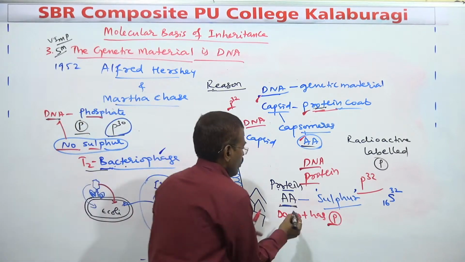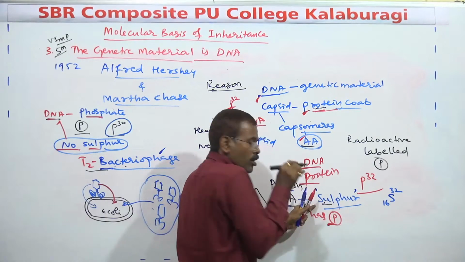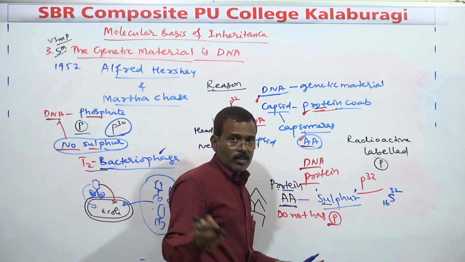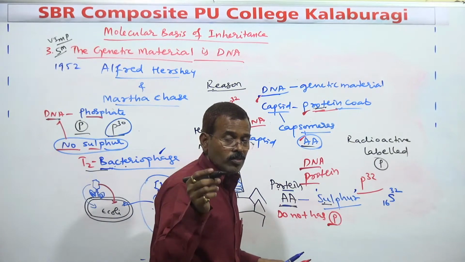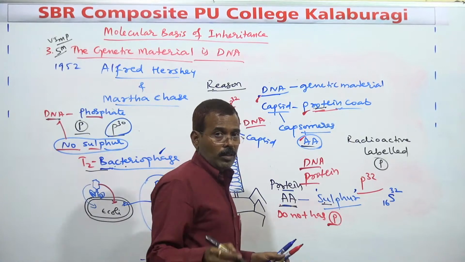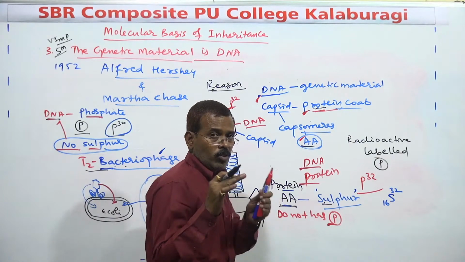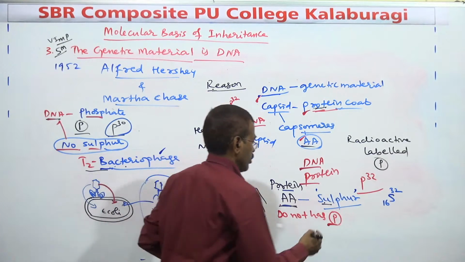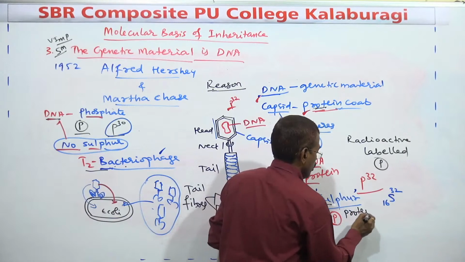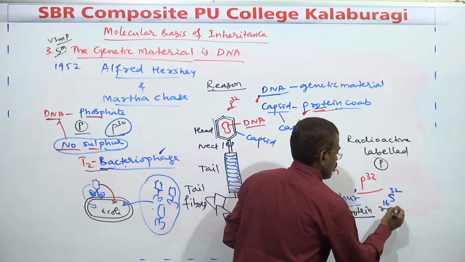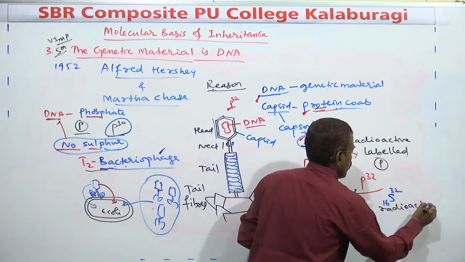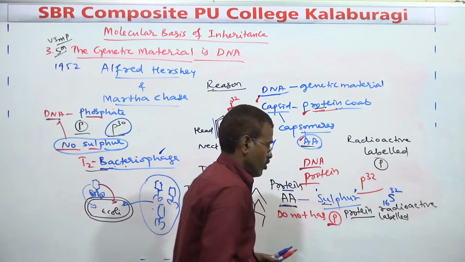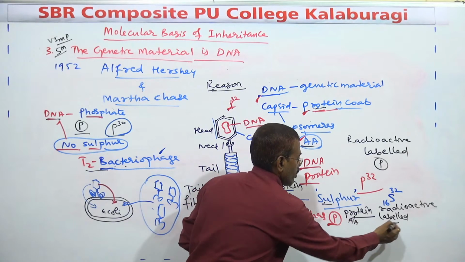So this sulfur, which is there in the protein, the amino acids, was radioactively labeled. For the protein coat, they used radioactive sulfur. The protein, which is made up of amino acids, was radioactively labeled.